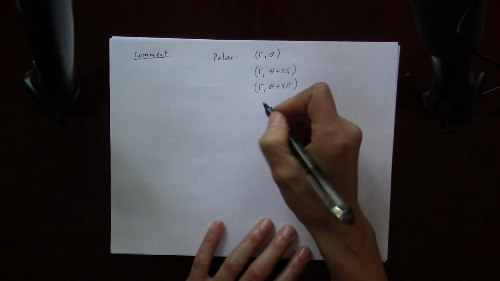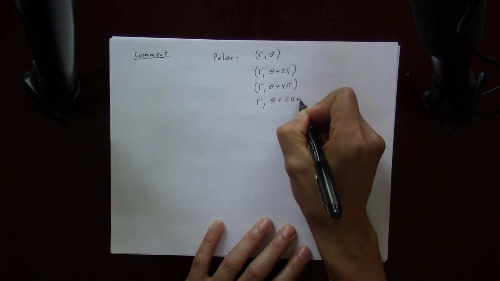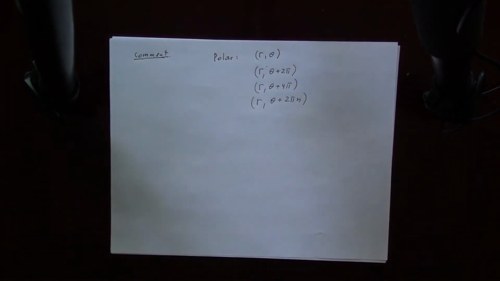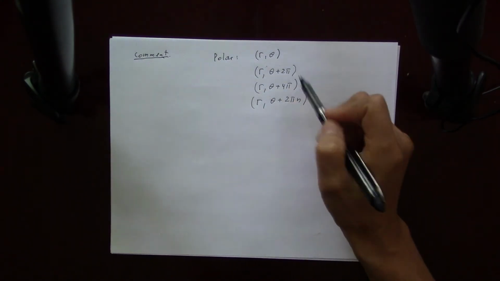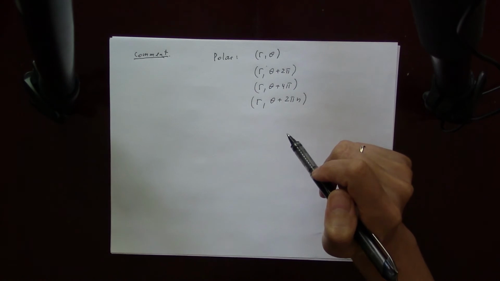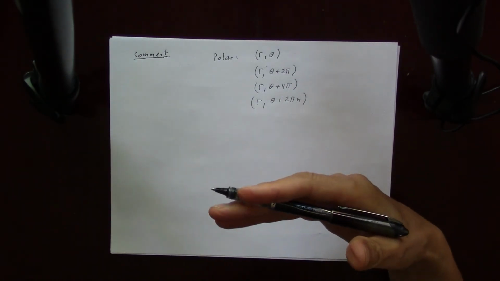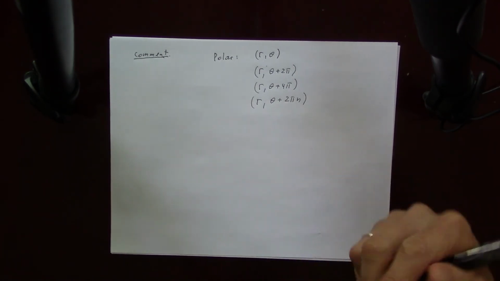So in general, if we add 2 pi n, n full rotations, to a direction, it's still going to be the same point. That's the first comment. So all these points are going to be exactly the same. If you say angle pi or 3 pi or 5 pi, that's the same direction.